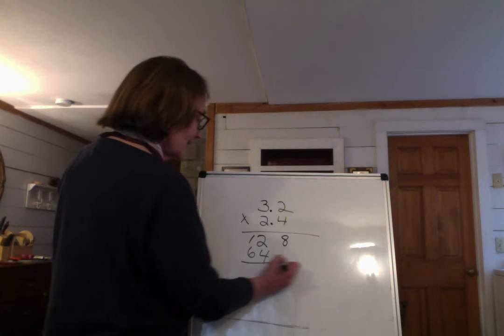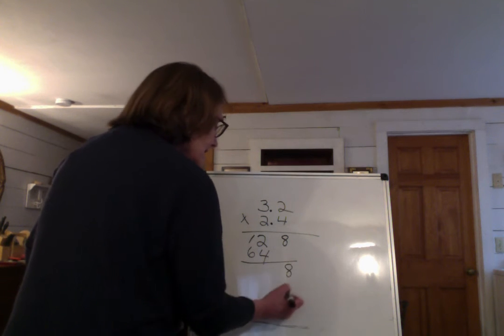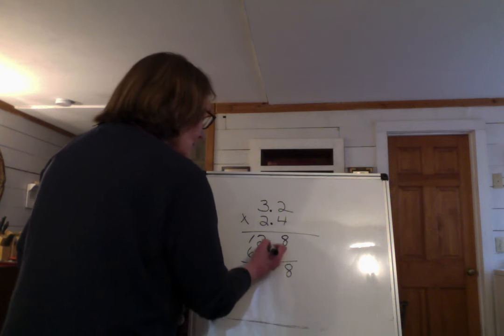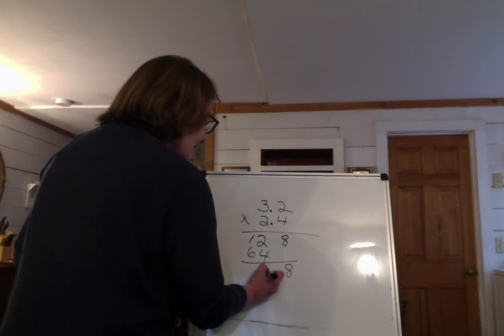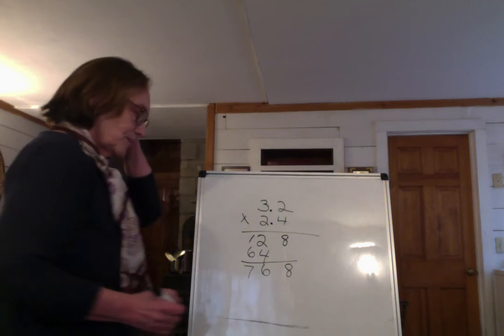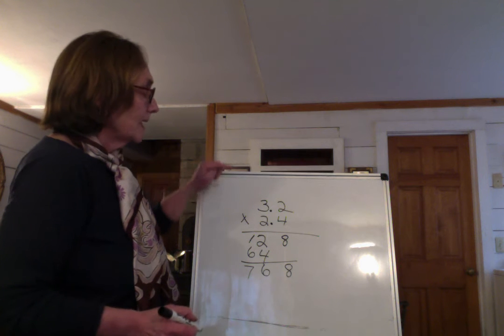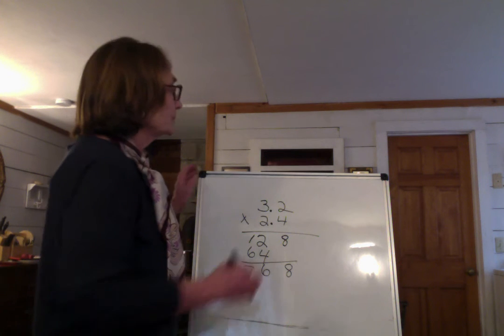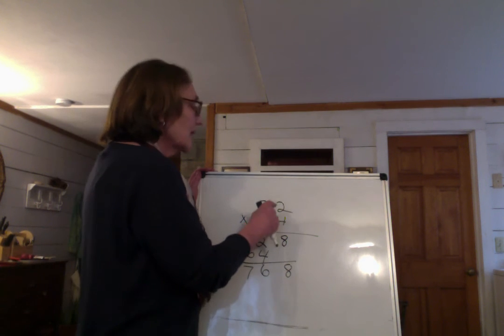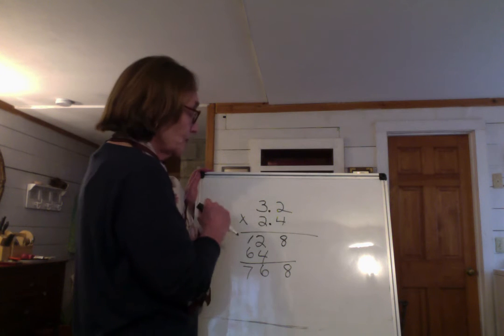And draw my line. Bring down my 8 because 8 and 0 is 8. 4 and 2 is 6. And 6 and 1 is 7. Now, about that decimal point, I need to count how many digits are after the decimal point.